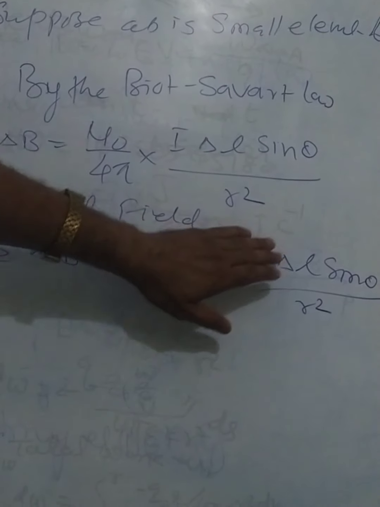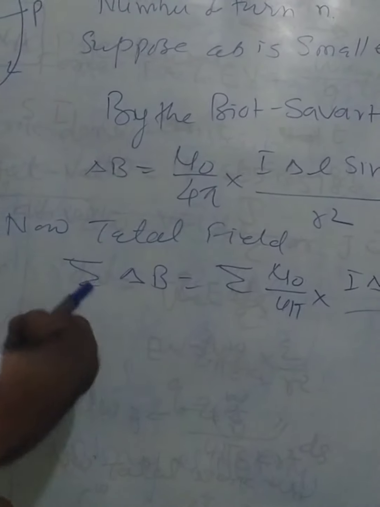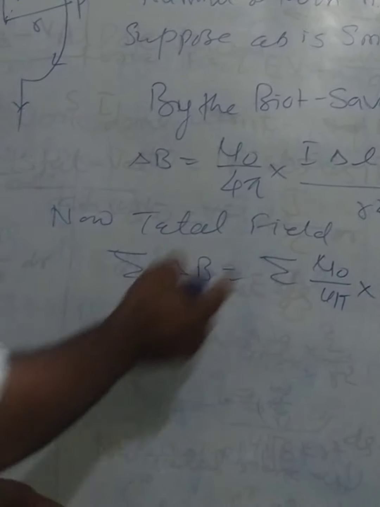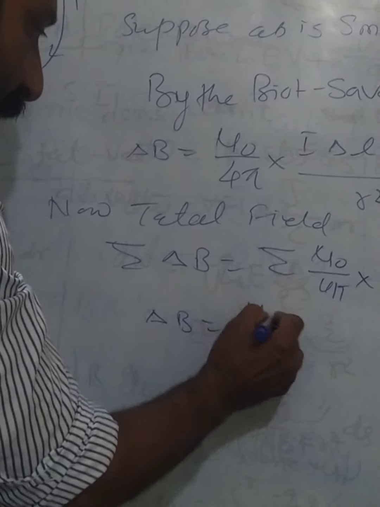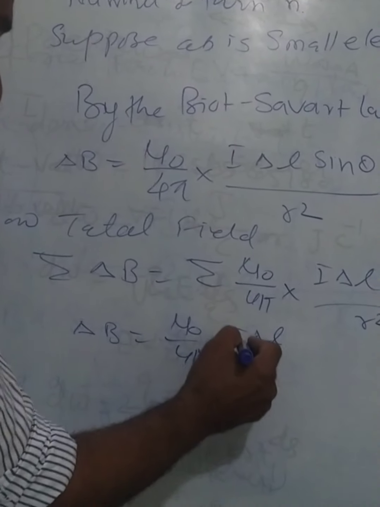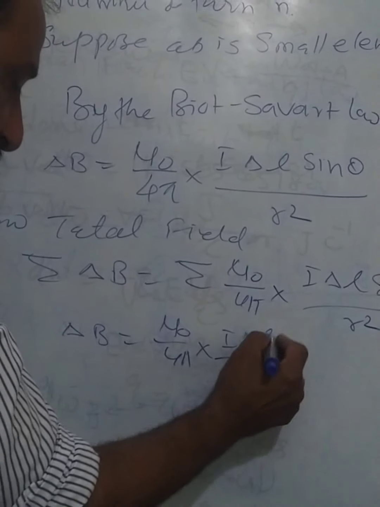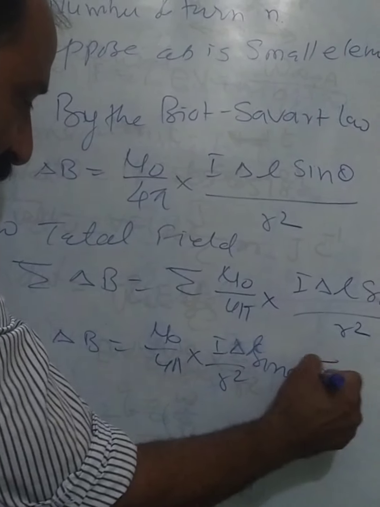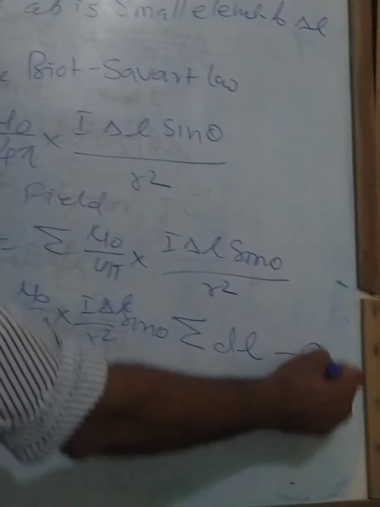We see that we have constant quantities, so we can take the summation or integration outside. So B is equal to mu naught upon 4 pi into I upon r square sin theta into summation del L. I will call this equation number 1.